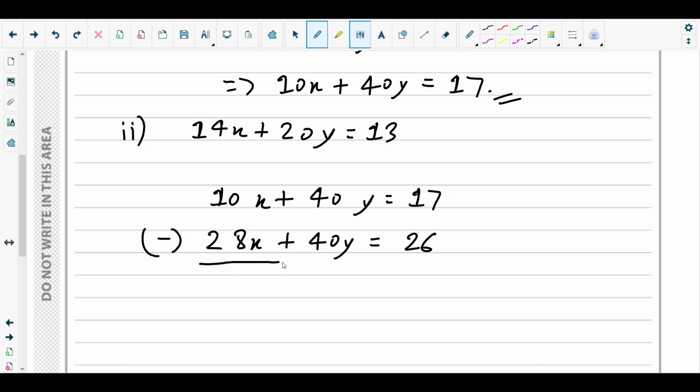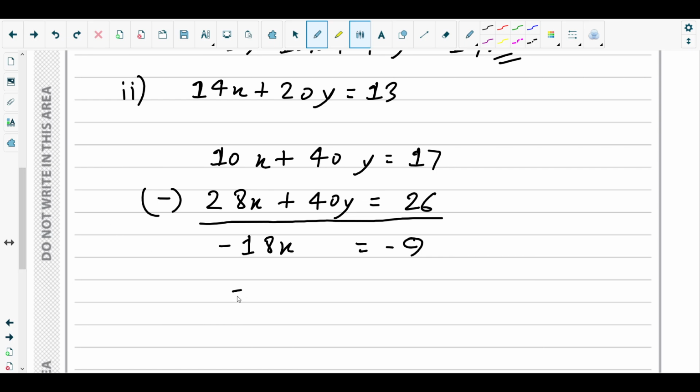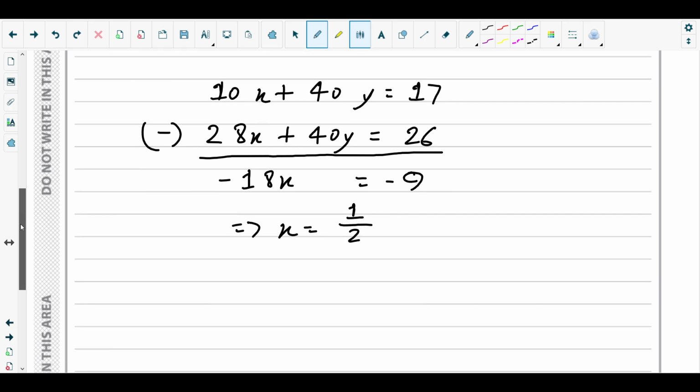We are subtracting, so you will get negative 18x, and 40y minus 40y cancels out. This equals negative 9. So the value for x would be half. We got the value for x using the elimination method.